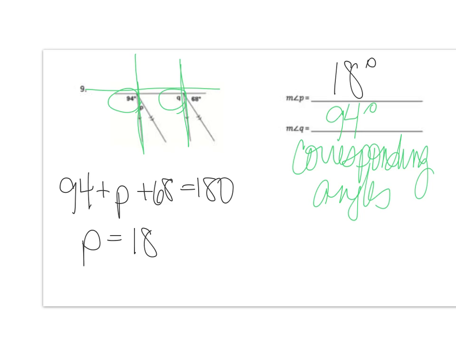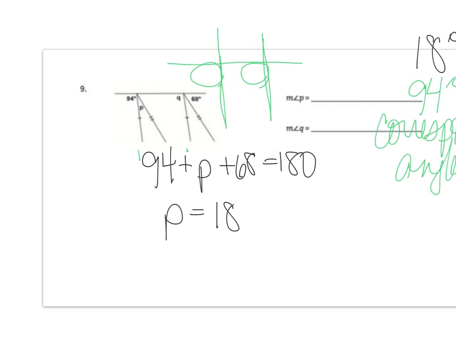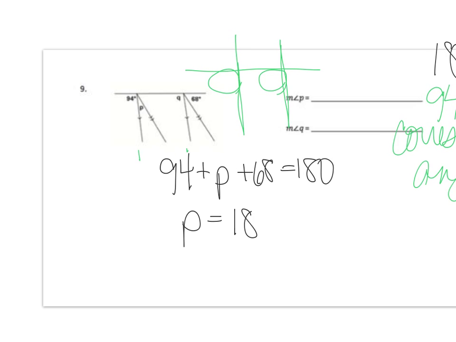The first thing we see is I just extended these lines with a transversal, and these are in corresponding spots. So I got 94 degrees for Q, which is a corresponding angle. Oh, bummer. Okay, I'm going to move the picture. Don't get dizzy. I'll move it back in a minute. The second one I did, which is in black, I extended these lines and made the transversal.